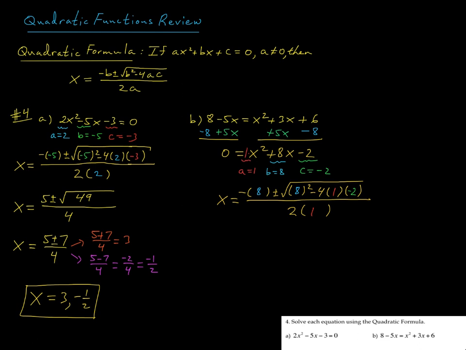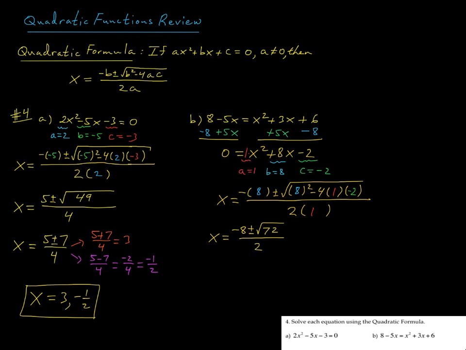All right, cool. So now let's go ahead and simplify. So we have negative 8, plus or minus the square root of, this is 64, and then here this is minus 4 times positive 1 times minus 2. So that's going to be plus 8. So 64 plus 8 is 72. And then we're dividing everything by 2.